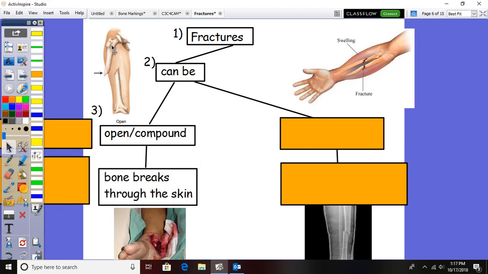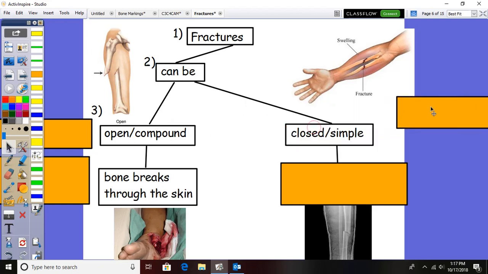So this is just a diagram of what that might look like, and then this is kind of a real life picture of what that might look like. So open or compound is when the bone breaks through the skin. Okay? If you come over here, the opposite of that would be closed or simple.